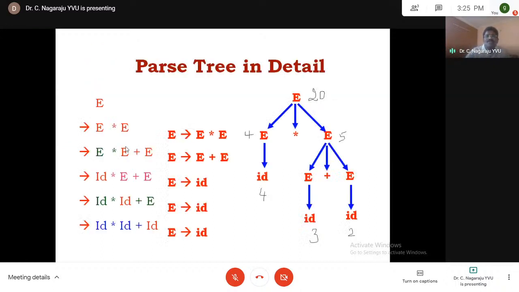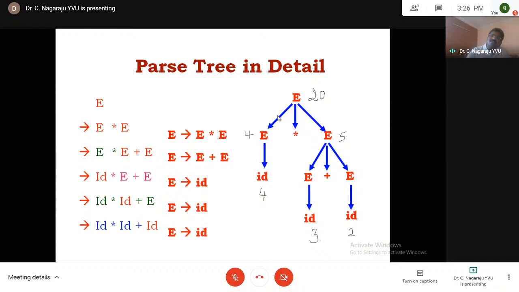For example, here there is one non-terminal, another non-terminal, and so on. Either you have to replace the first one with ID, suppose I take this one, ID into ID. There are two productions, but which one we have to choose is very, very important.